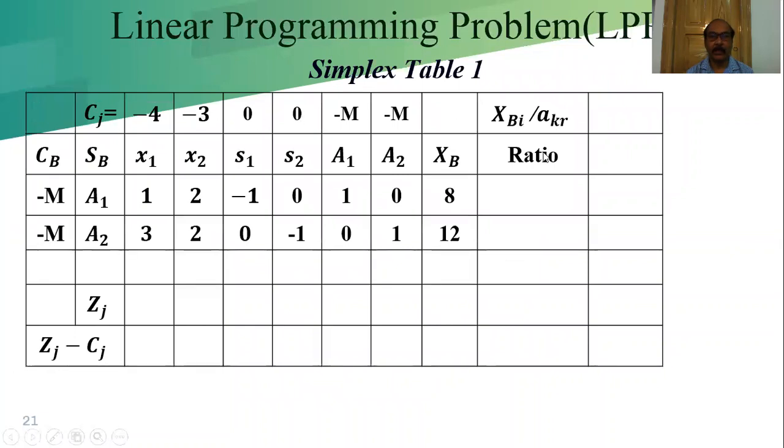This is the simplex table according to the given problem after rewriting. Minus 4, minus 3 are the coefficients of x1, x2, 0 and 0 are the coefficients of S1, S2, and minus M and minus M are the coefficients of the artificial variables A1 and A2.